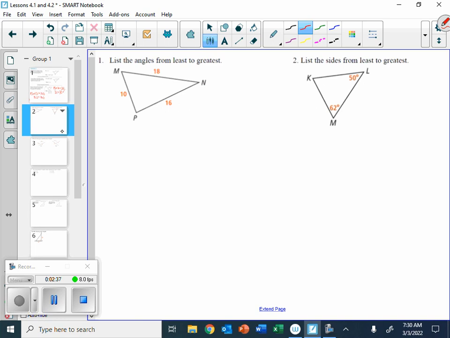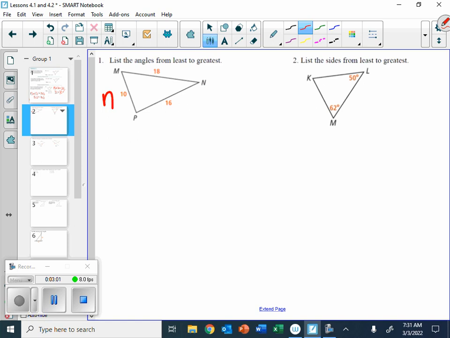Alright, so for these first 2 problems, for this first one we are listing the angles from least to greatest, but all we were given was the sides. Remember that the angle that you're looking for is opposite the side. So for example, side NP is really side M, because it is opposite angle M. Do we see that?